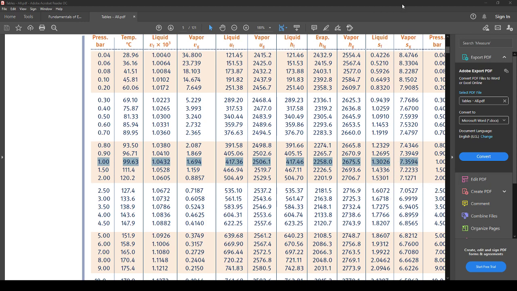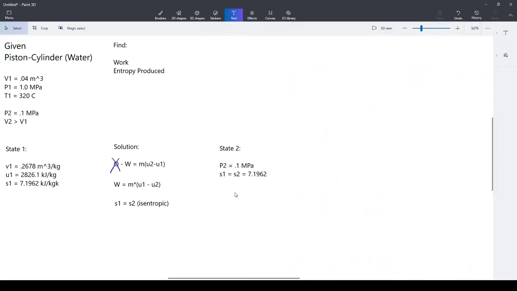So we're going to do that right now. I need to hold on to these numbers, so I'm going to pull this over here to the side. So we would then say that x2 is equal to our value, 7.1962, minus the SF value, the one for saturated liquid, which is 1.3026.